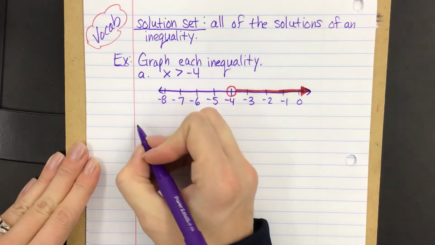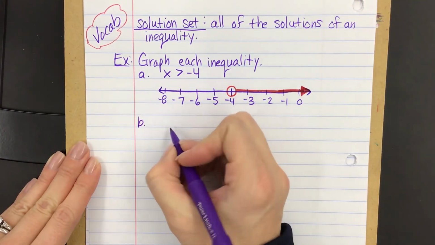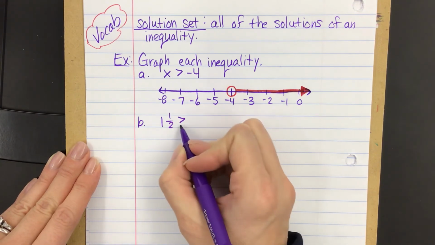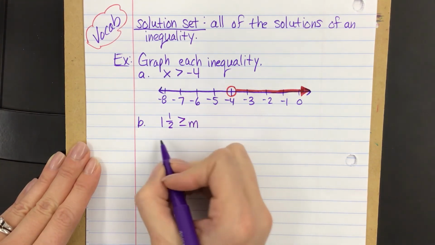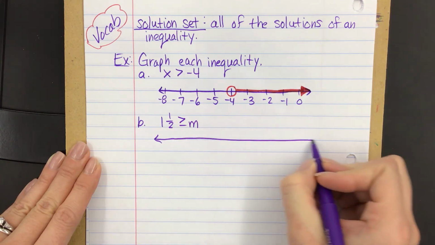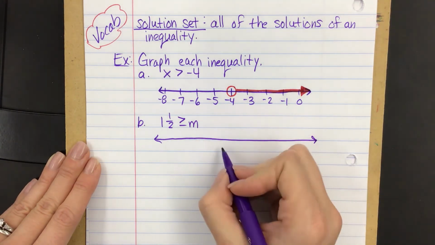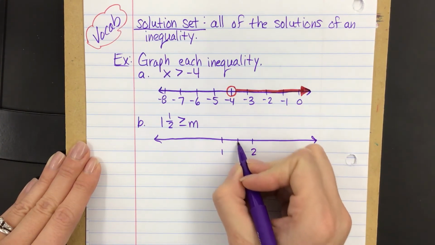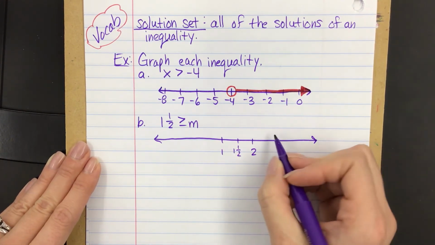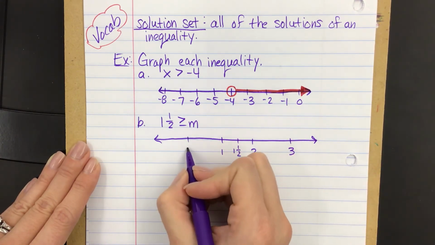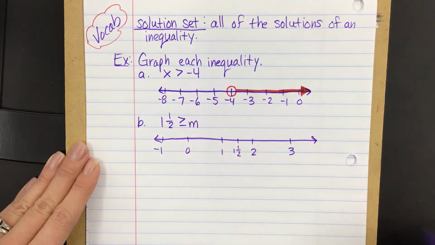The next one that I'm going to show you, we have 1.5 is greater than or equal to m. I'm going to put 1.5 right in the middle of my number line. I'm going to fill it in either way so you can see.